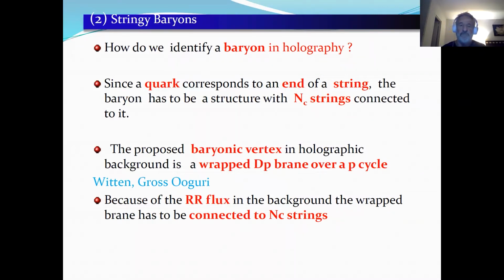Originally, it was a D5 brane wrapping the S5 of the AdS5 times S5. In Sakai-Sugimoto, for instance, it would be a D4 brane wrapping the S4, and so on. And what is crucial is that due to the Ramond-Ramond flux, there must be N_C strings connected there. If you look at the Chern-Simons term associated with this flux, it imposes the necessity of having N_C strings connecting to this baryonic vertex.